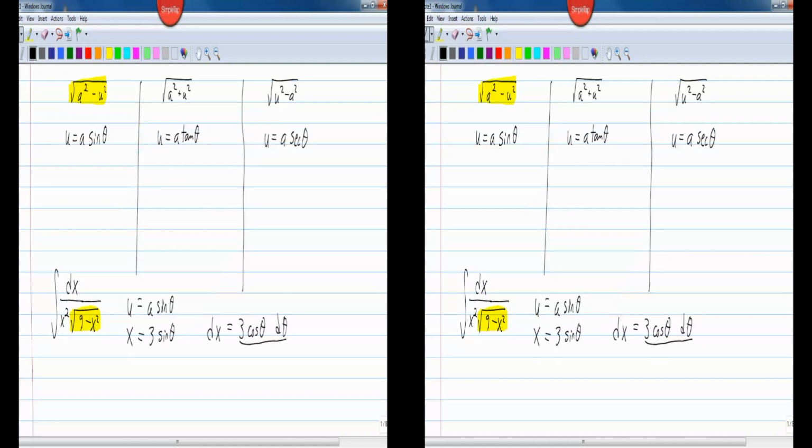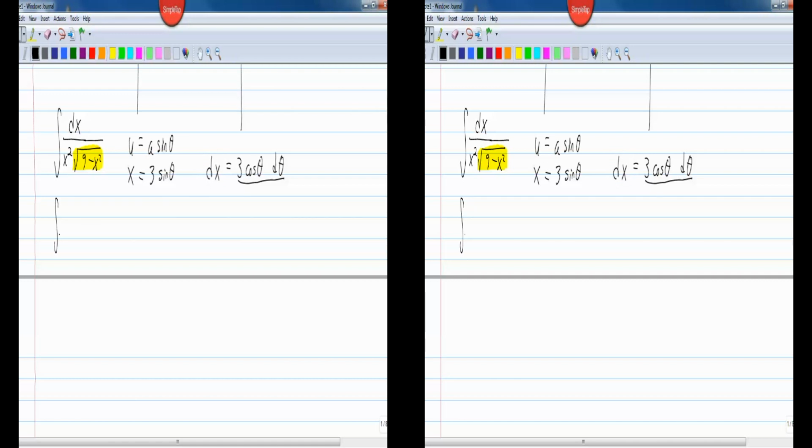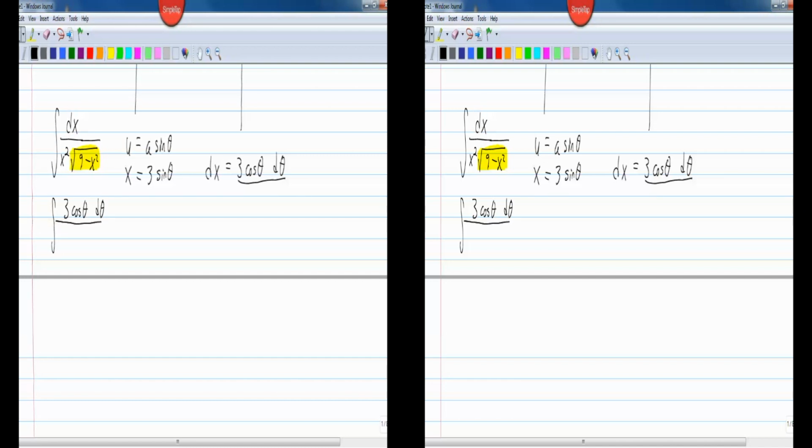So I'm going to rewrite this integral. Everywhere that I have an x, I'm going to put 3 sine theta, and where I have a dx, I'm going to put 3 cosine theta d theta, which is only one place. And look what it does. It changes my integral now into I have 3 cosine theta d theta. I plug that in for my dx. Where you have an x, you plug in a 3 sine theta.